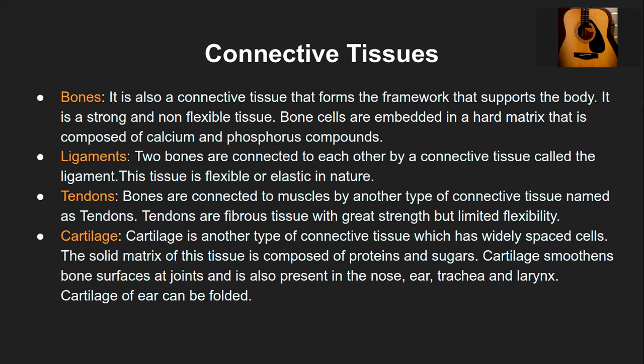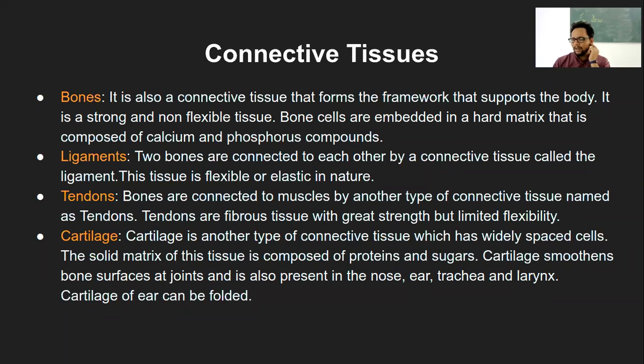In the ear also you have this front portion which is a little smaller, like an outgrowth. That is also cartilage. Trachea is again a cartilaginous tissue.